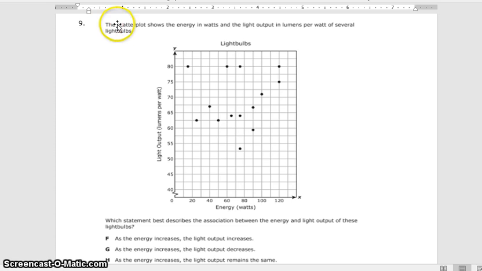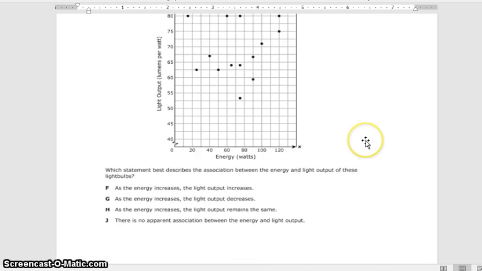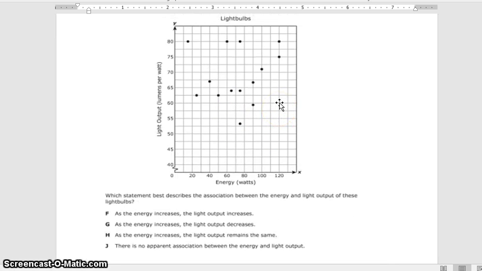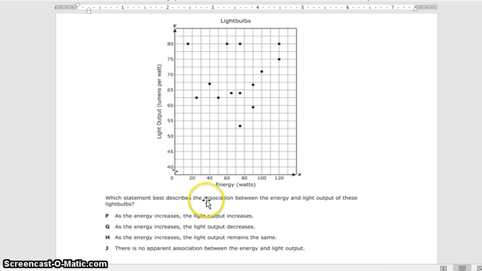Number 9. The scatter plot shows the energy in watts and the light output in lumens per watt of several light bulbs. Here's your association. Which statement best describes the association between energy and light output of these light bulbs? F. As energy increases, light output increases, so it's positive.